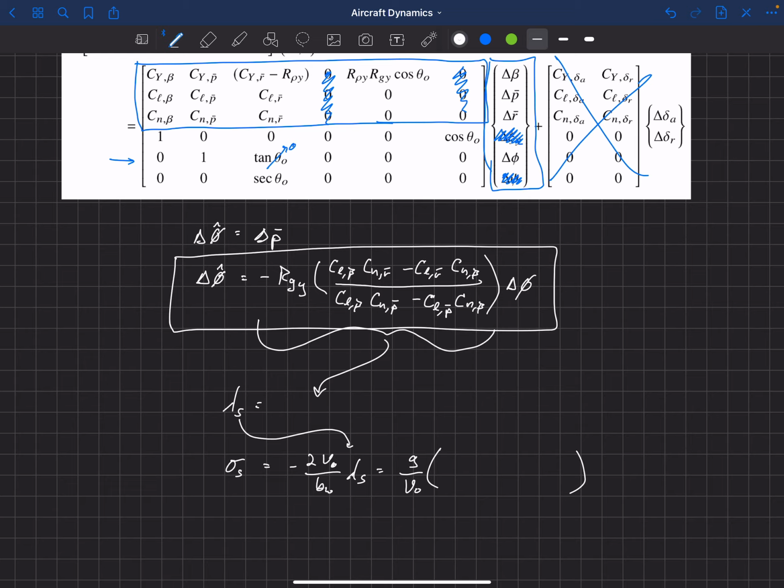It's all of this stuff here in parentheses. It's really this stuff in these parentheses that you want to be looking at when you're trying to change your spiral mode.